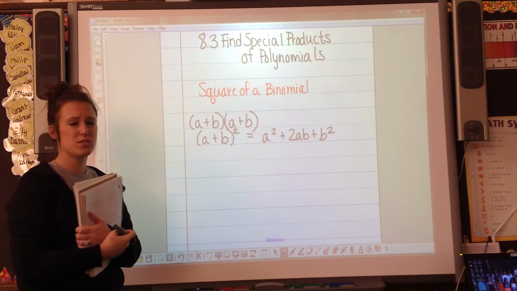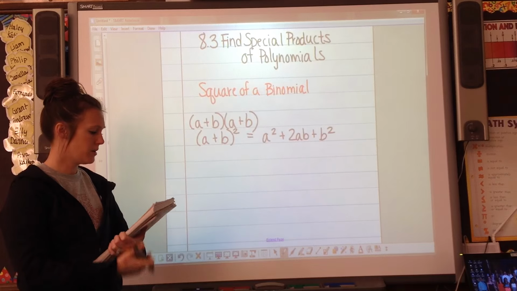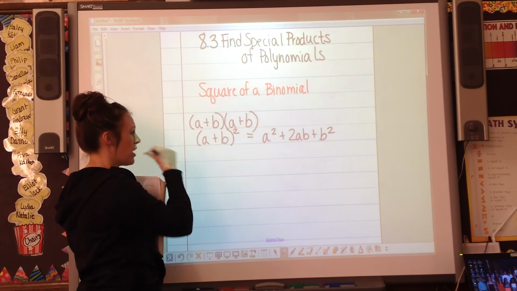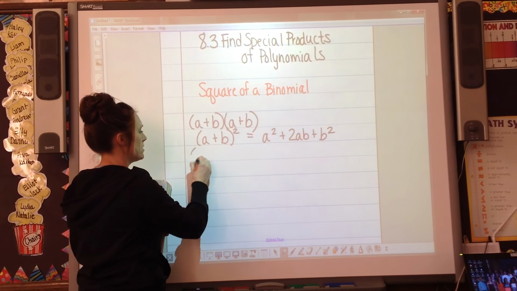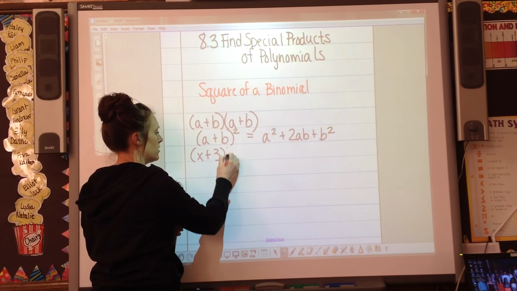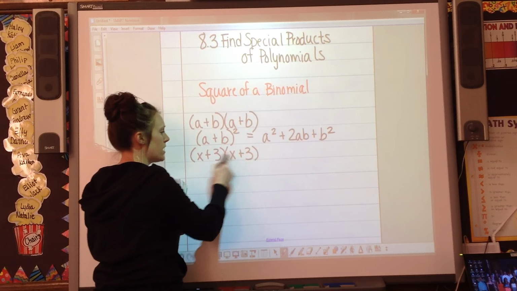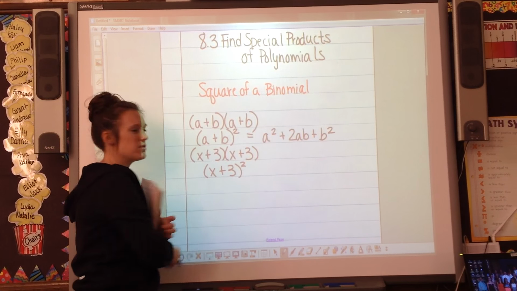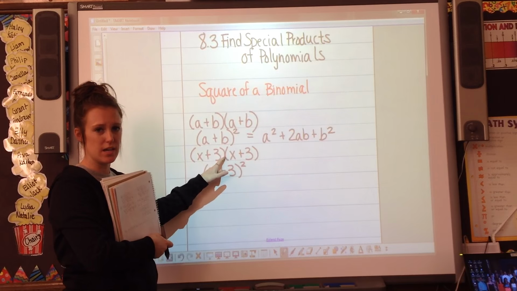Okay. Let's do another one. I'm going to show you real quick with numbers, not just letters. So let's say you have the quantity x plus 3, x plus 3. Again, they're not going to give it to you like this. They're going to give it to you like this. I just want you to see what this means. This means this.